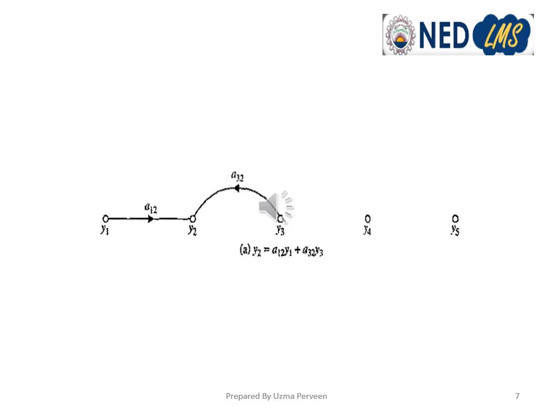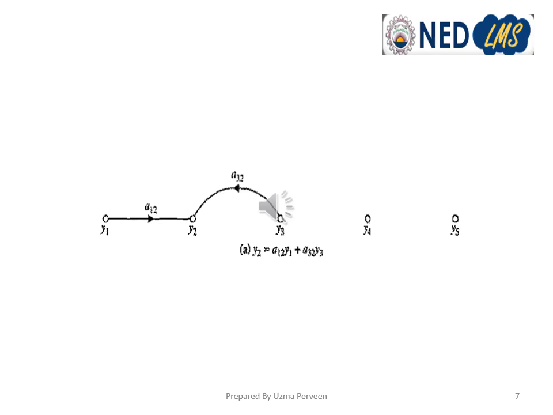So we have first marked 5 nodes as y1, y2, y3, y4, y5. In the first step we marked the variables, and then we drew the branches. The first branch is y1 to y2, directed from input to output with an associated branch gain a12.